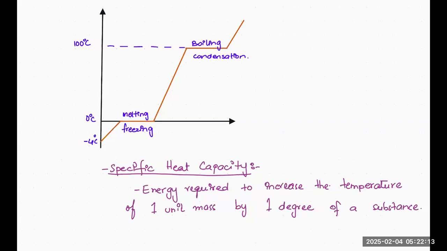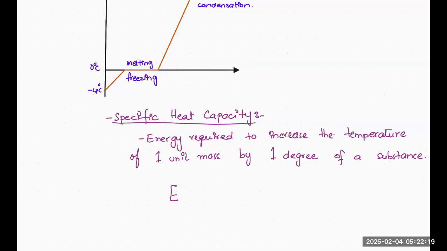E equals mc delta T, where E stands for the energy required, which is measured in joules. M stands for mass, which is in kilograms. It can also be in grams.